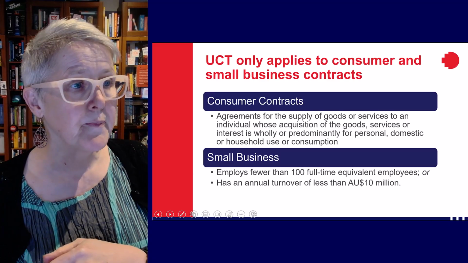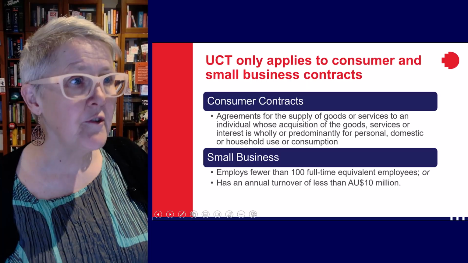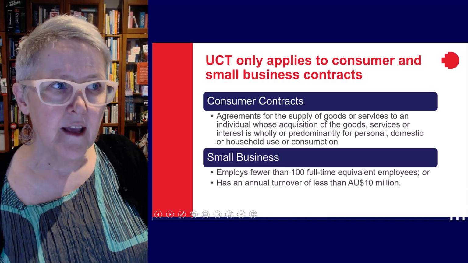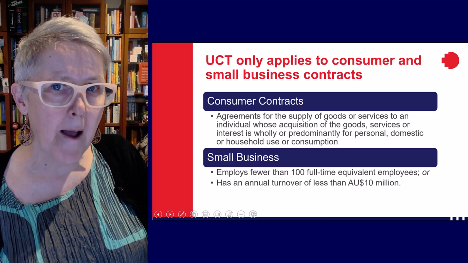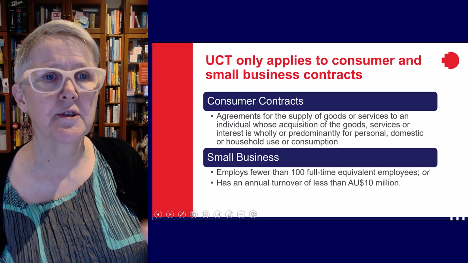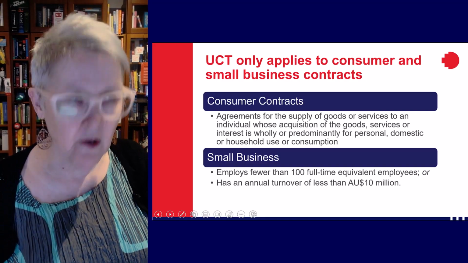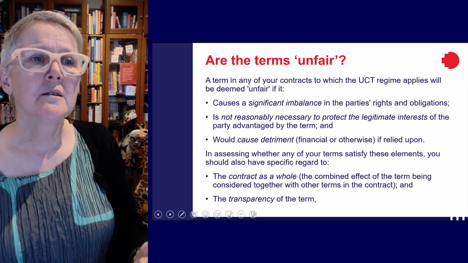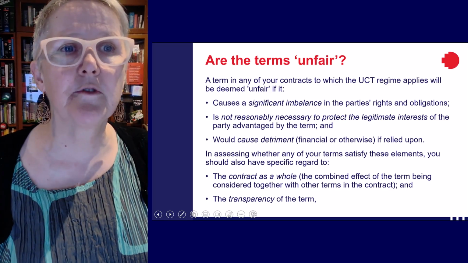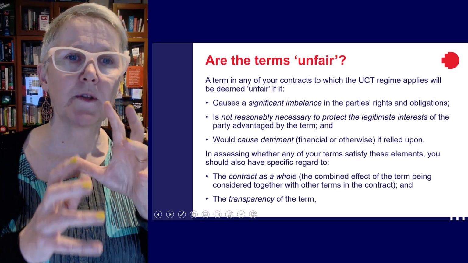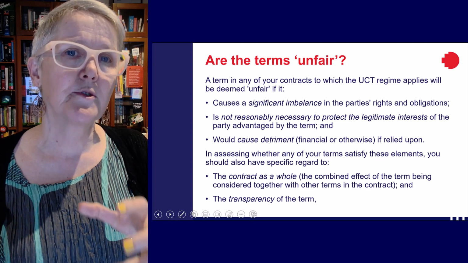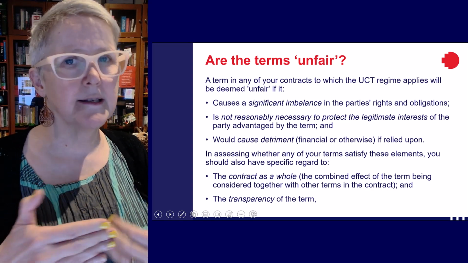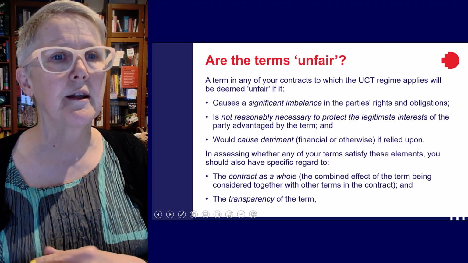So the next question: if we've got a standard form agreement and the unfair contract terms regime applies to the contract because it's a consumer contract or a small business contract, the next question becomes, are the terms unfair? The substantive test as to whether a term falls within the unfair contract terms regime has been consistent for some time, since before November 2023.